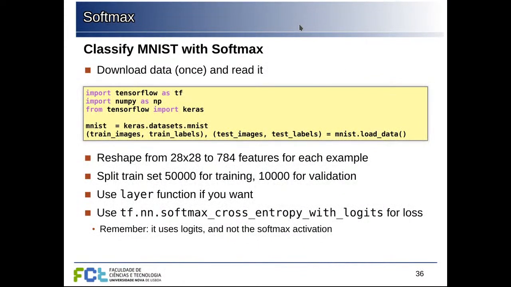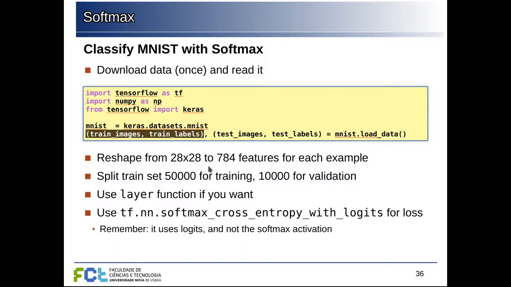So to load the dataset, you just need to import Keras and then get the MNIST dataset here. You just call load data, and it will give you a tuple of tuples. One is the test images and labels here. These are 10,000 that you can use for testing, and 60,000 images and labels in the first tuple that you can use for training and validation.